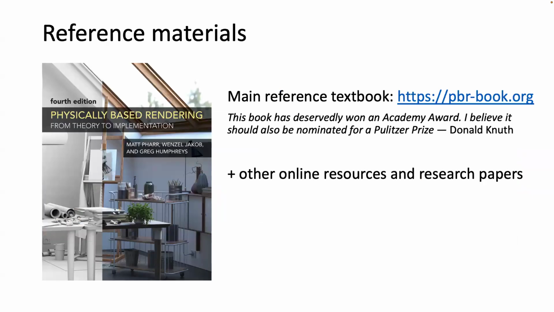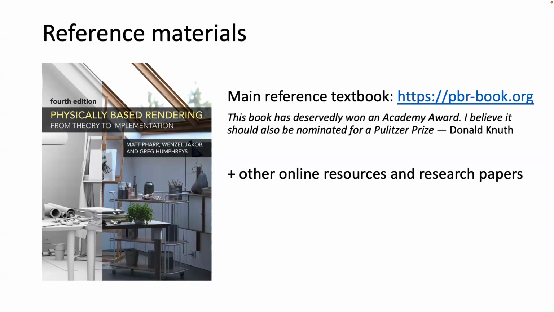I mentioned earlier that a lot of the topics have not yet made their way into textbooks, but one part that has is the physically based rendering part, more advanced algorithms that are based on principles from physics. This is the textbook that we will rely on for that part of the class, the earlier half.